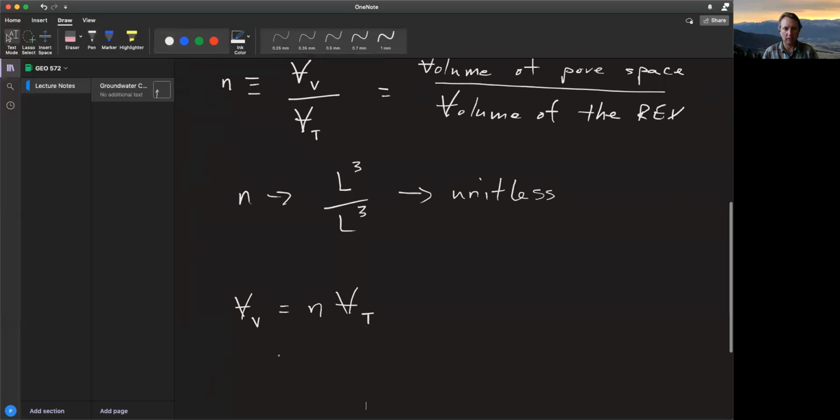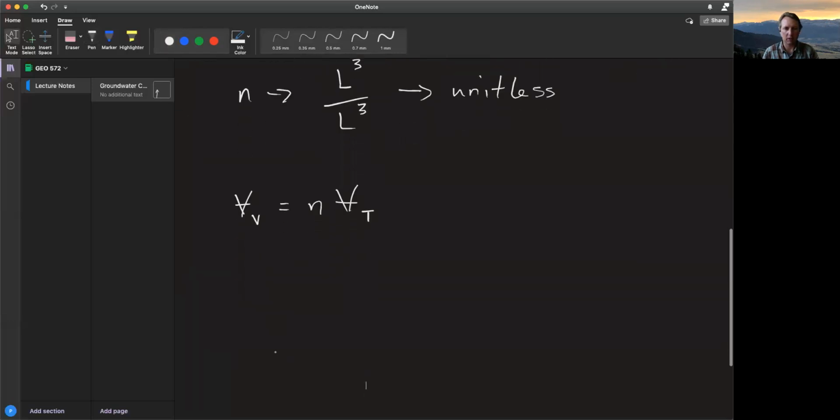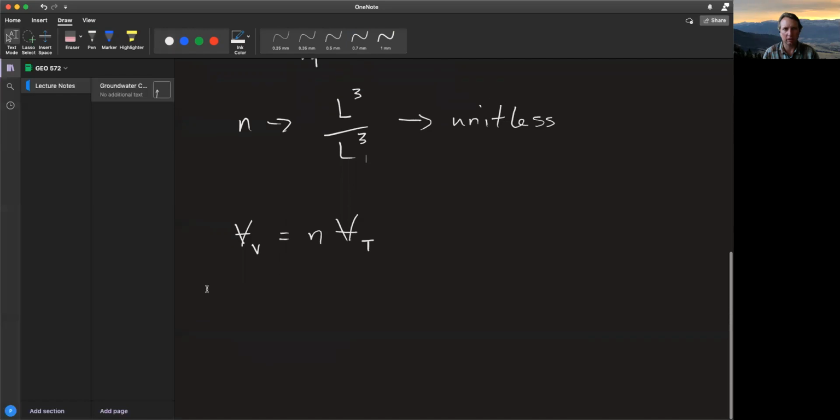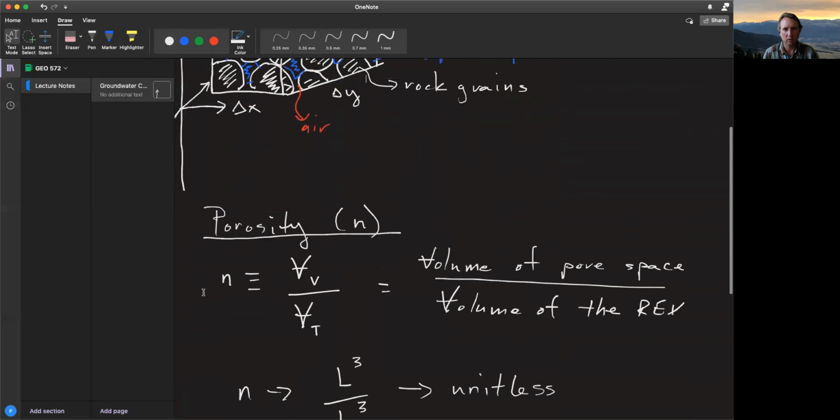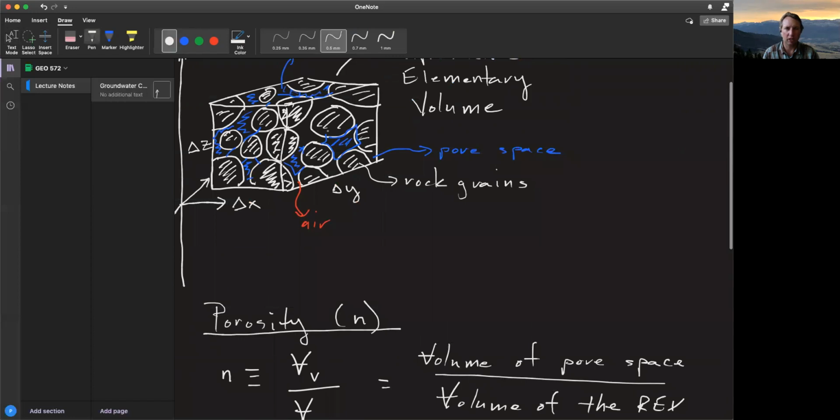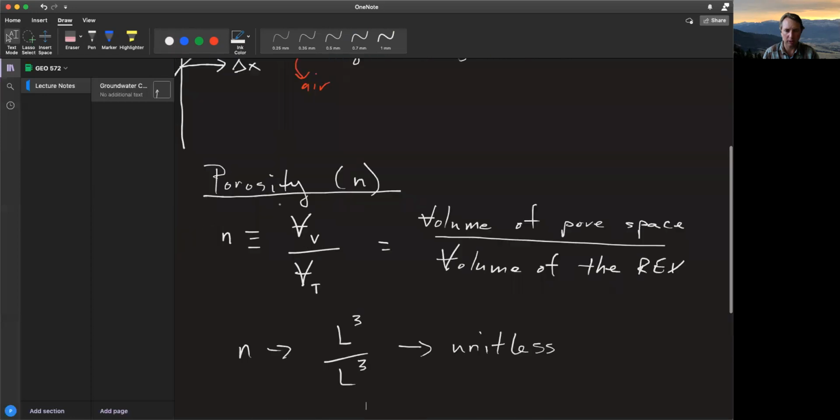Okay, so the next thing we might be interested in is the volume of water in our REV. So if we go back up here and look at our REV, we've got a volume here that's full of air, and we've got a volume full of pore space. All right, so another characteristic we might be interested in is how do we characterize or quantify the volume of water in that porous media?